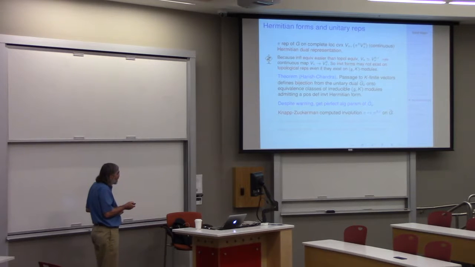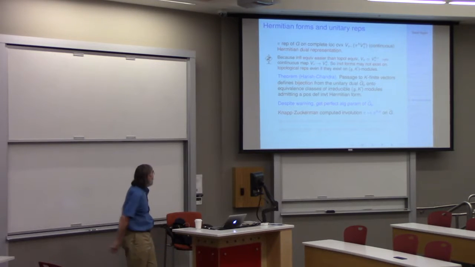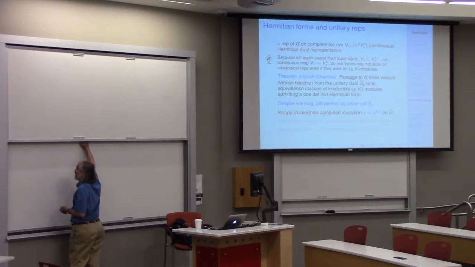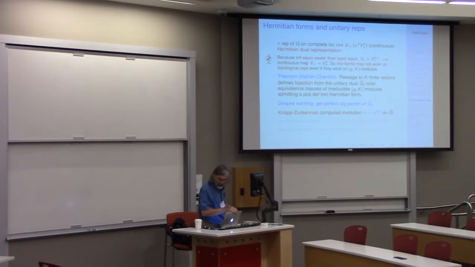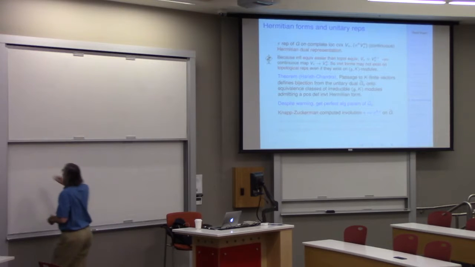Taking the Hermitian dual is an involution on this set of parameters, and Knapp and Zuckerman computed what the involution is. Maybe I will write it again, since I screwed it up several times.